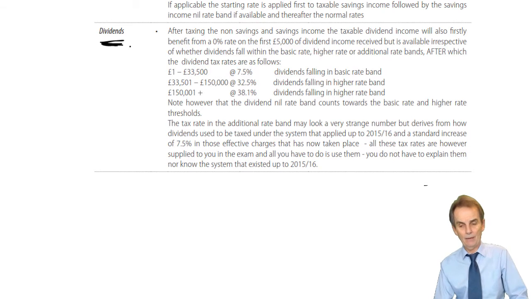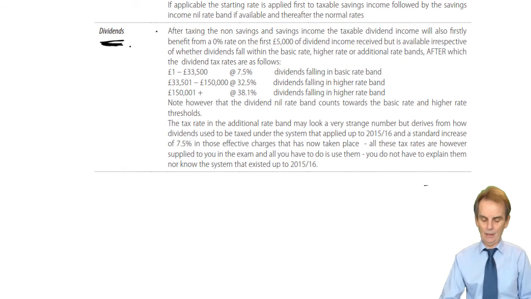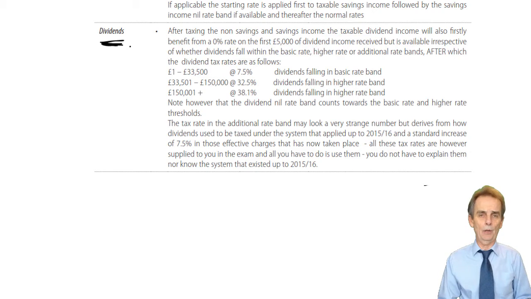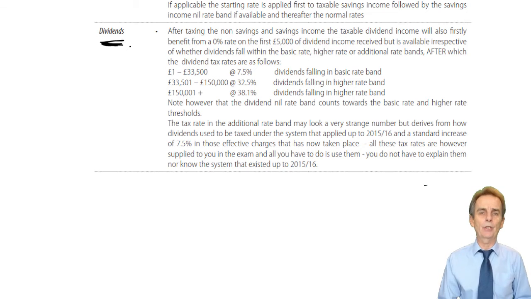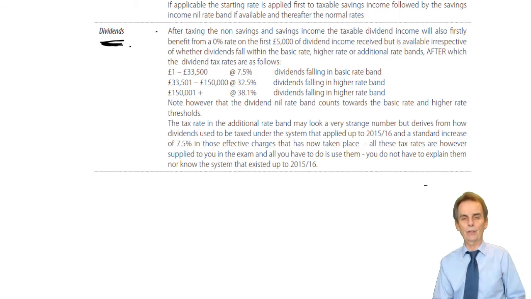So if you pause at this point in time and then go back, work through that example, look at the model answer, it shouldn't take you very long, and then rejoin us for the final piece in the jigsaw of the taxation of taxable income. How do we then, after non-savings, after savings, tax our dividend income?